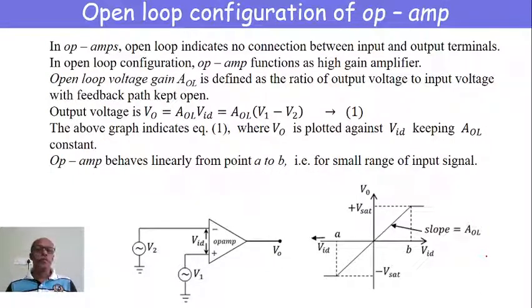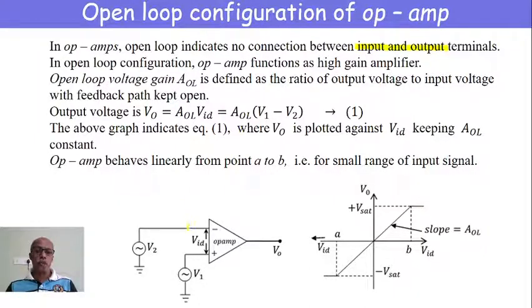Now, let us discuss the open loop configuration of op-amp. What is the meaning of open loop configuration of the operational amplifier? If the op-amp has no connection between input and output terminals, then it is said to be in the open loop configuration.